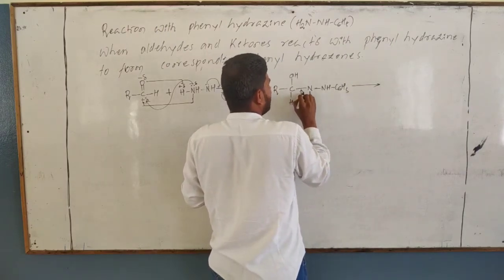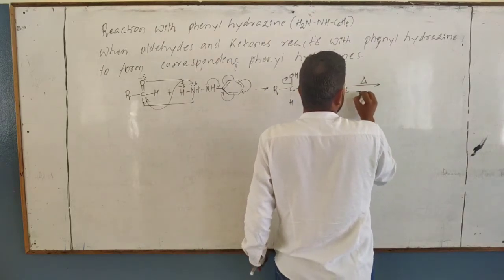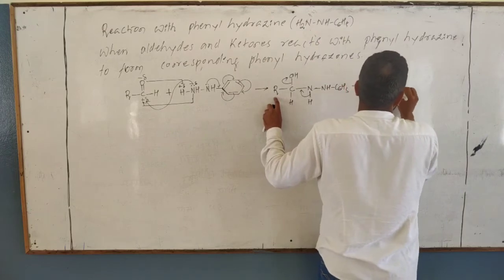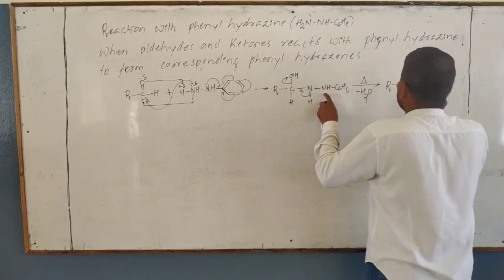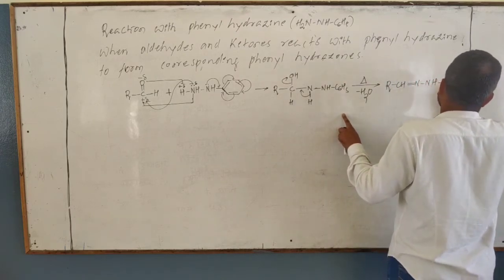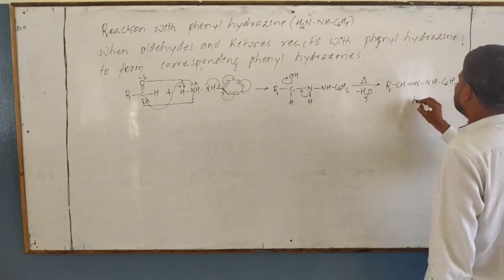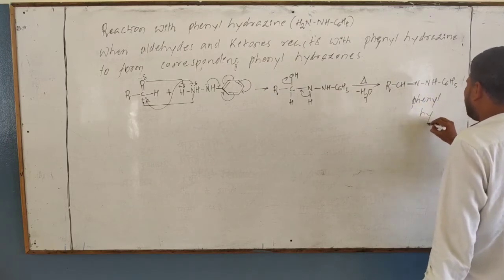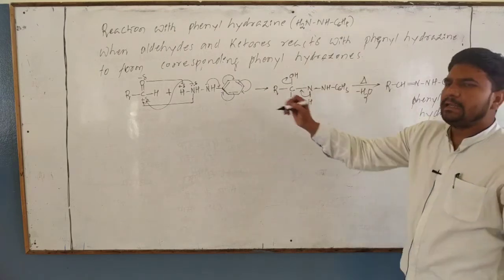Now on heating it eliminates a water molecule, okay, to form the corresponding hydrazone. RCH, over here there is a double bond, N NH C6H5. This is phenyl hydrazone, but this is obtained by aldehyde.